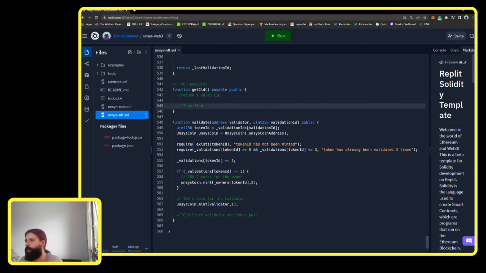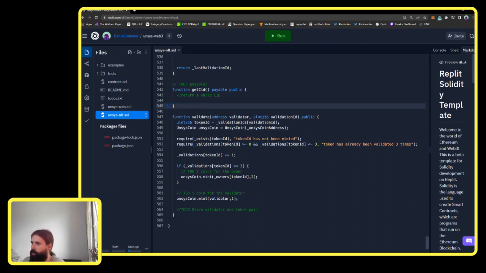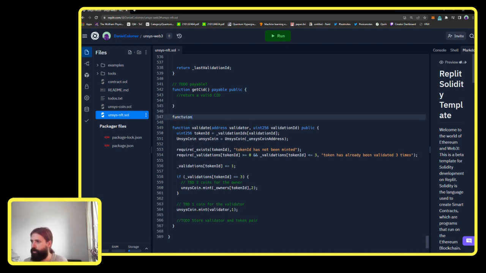Maybe the way to do that is the following, and maybe that removes the need for validators. That would just be an idea.